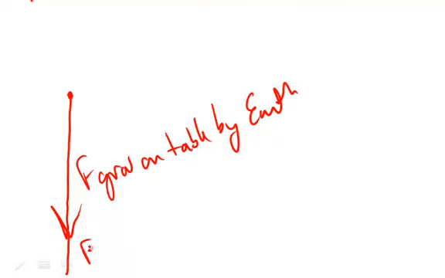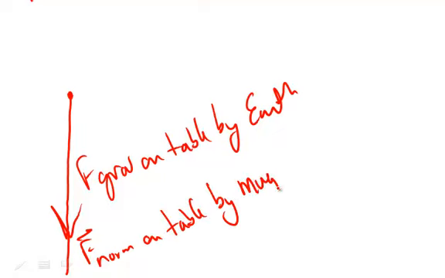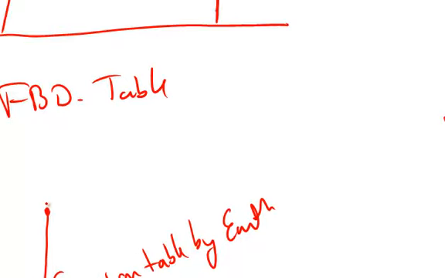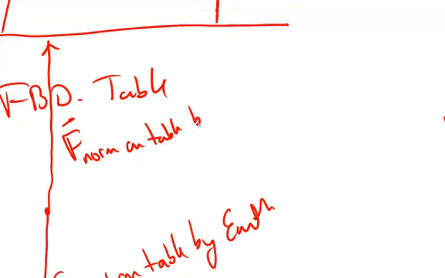And this is going to be F normal on table by mug. Now, we've got these two downward pointing arrows. The table's not changing its momentum at all, so the net force has to be 0, so I need an upward force, and that's going to be an F normal on table by floor.